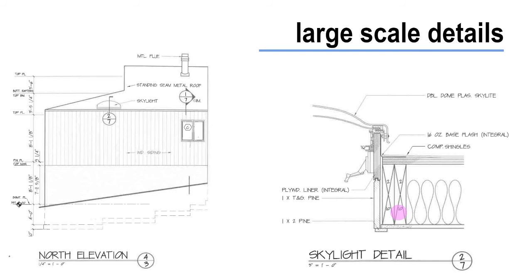And so our section views, no matter what, are always going to have some reference included in the elevations and floor plans, as well as our details. They're going to have the view and sheet number referenced to them.